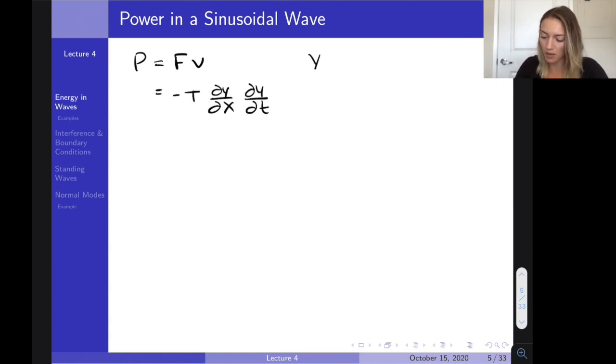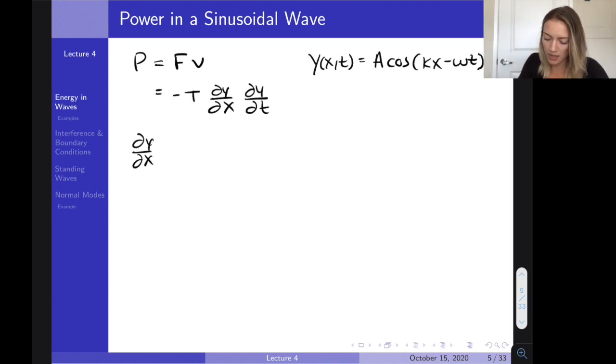So we have our equation, y of x,t, that we found last time: A cos(kx minus omega t). And so let's take the derivative with respect to x first. So we'll find dy dx is going to be A, the derivative of cosine is negative sine, so we have kx minus omega t, and then the derivative of kx is just k.